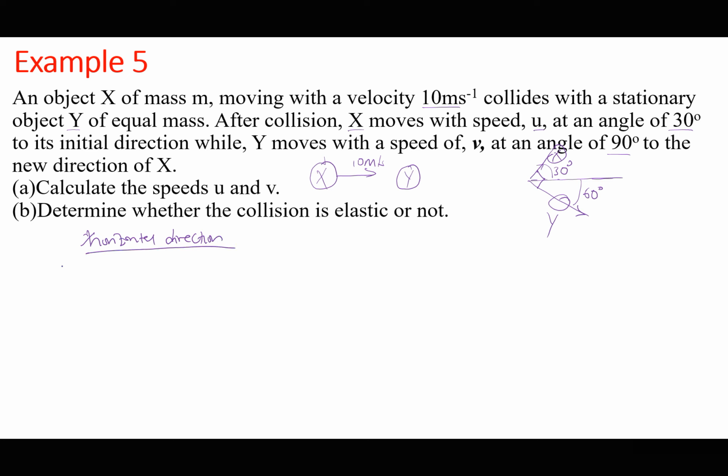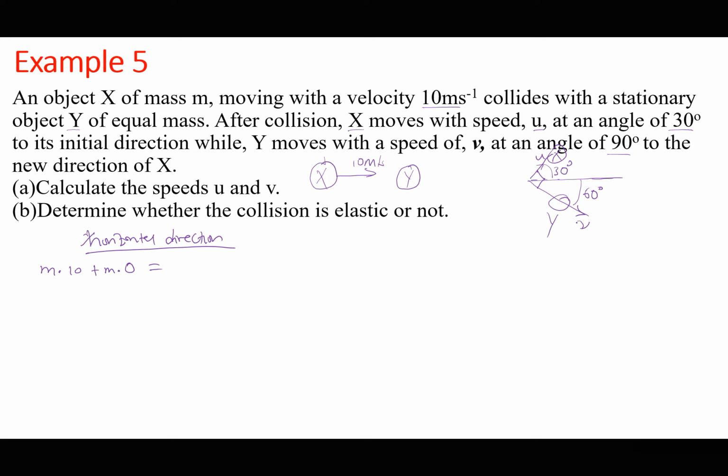The mass is m times the velocity, which is 10, for X. Of course, the other one was at rest. Its mass was m times its velocity, which is 0. In the horizontal, we have to resolve the speed of X after the collision. X is u, and Y is given a speed of v.